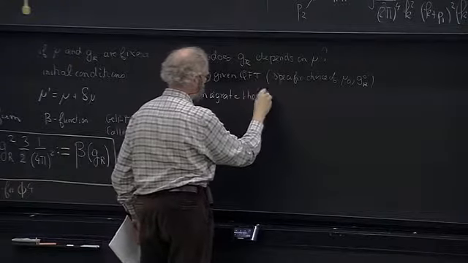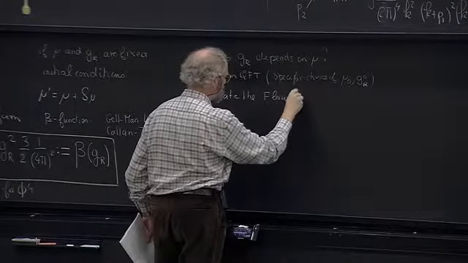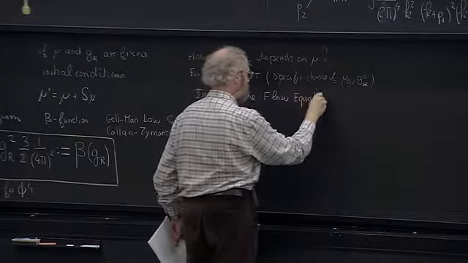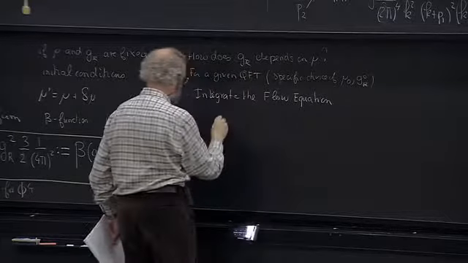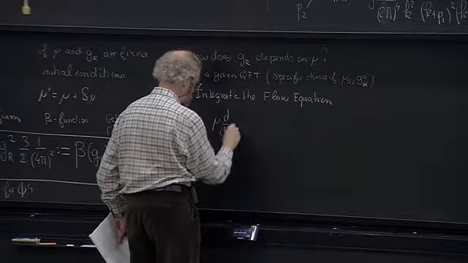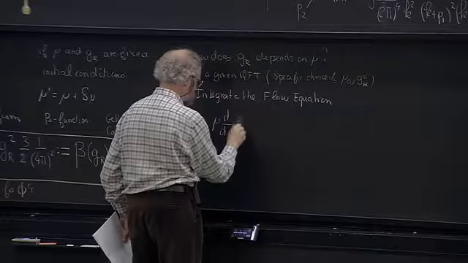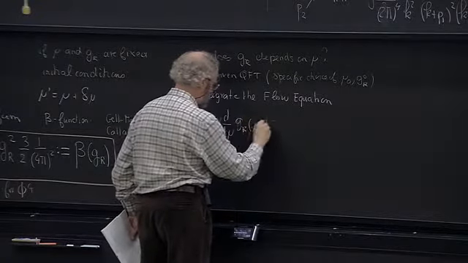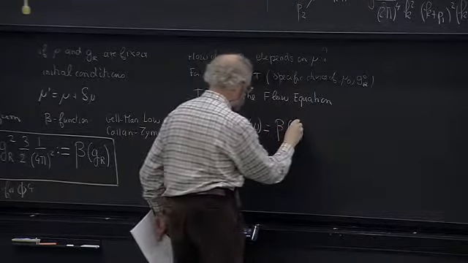It's called the flow equation, mu d/dmu of g_R(mu) equals beta of g_R(mu).